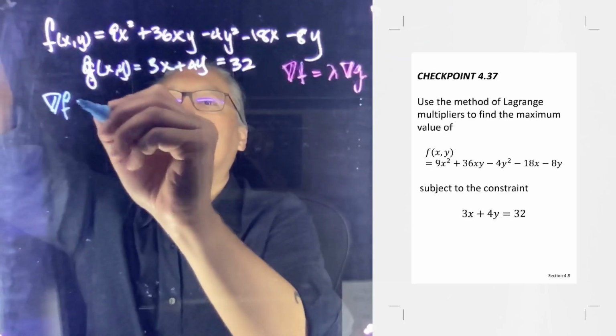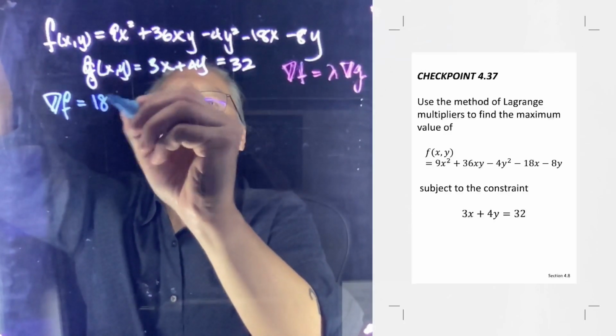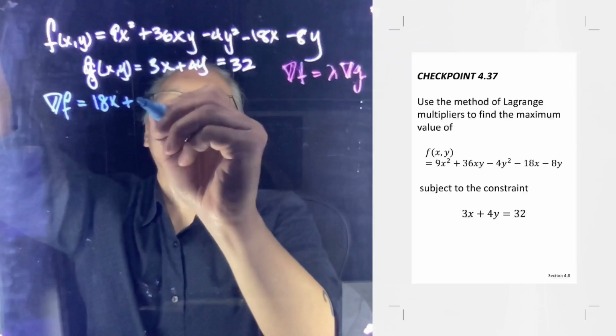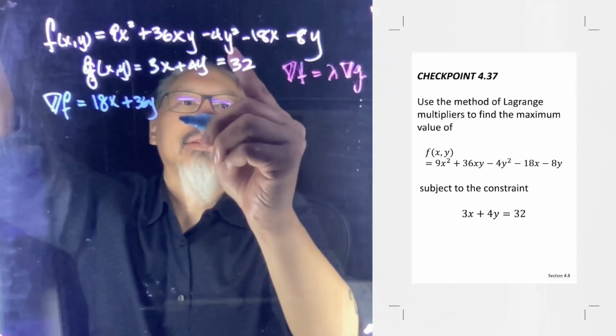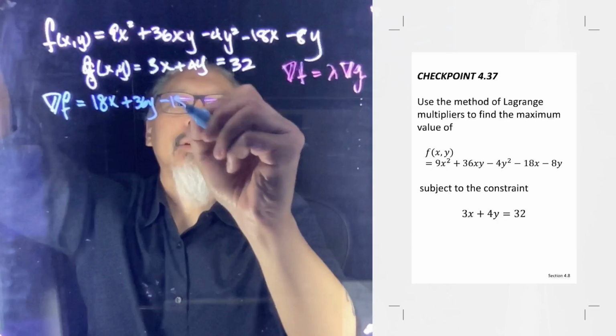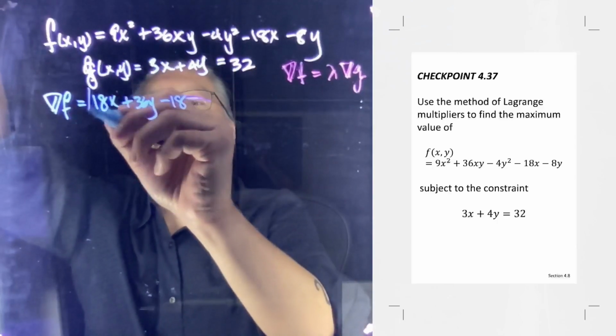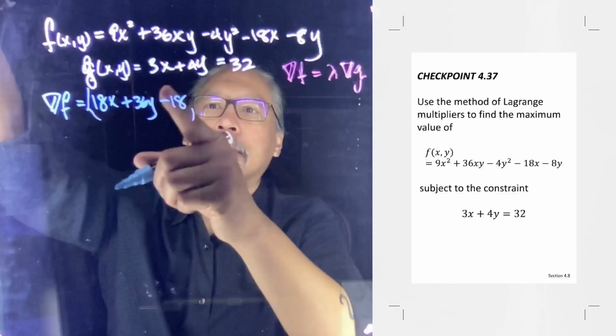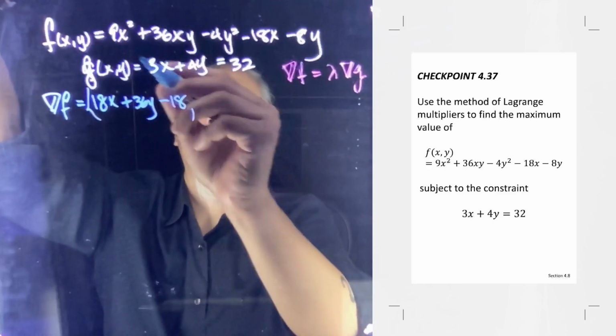First, f, and that's going to be 18x and 36y, minus 18. So this is the first component of your gradient. The second component of your gradient is with respect to y.